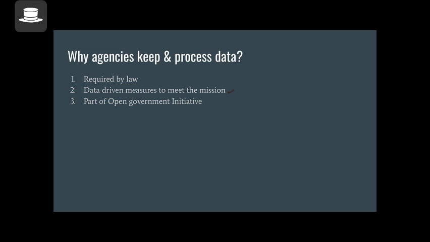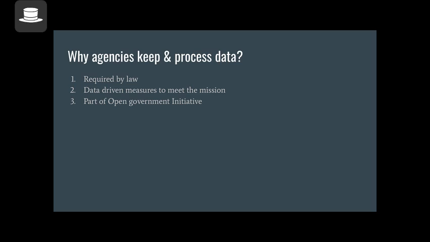Another reason why agencies keep data has to do with the Open Government Initiative, where the data that is collected from people is supposed to be available to everyone, and we have the right to know the data.